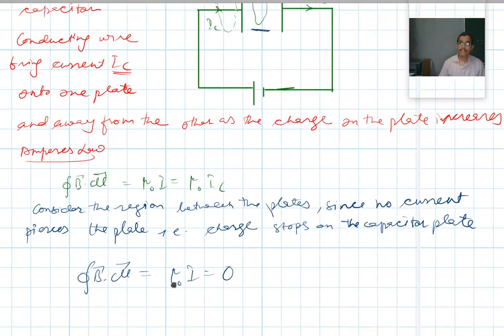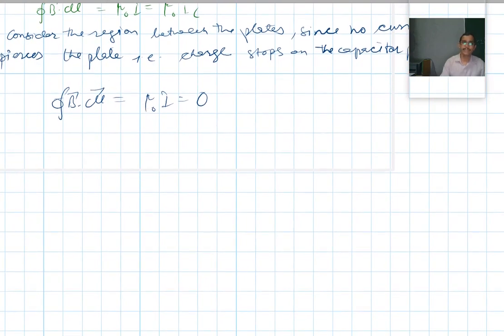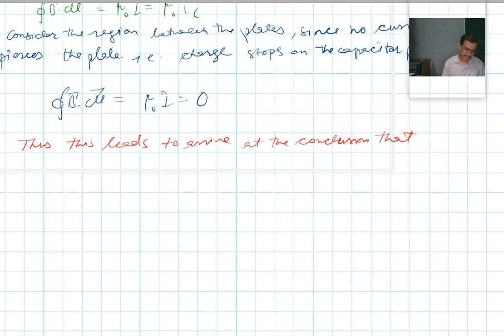Thus we arrive at the conclusion that current is discontinuous.